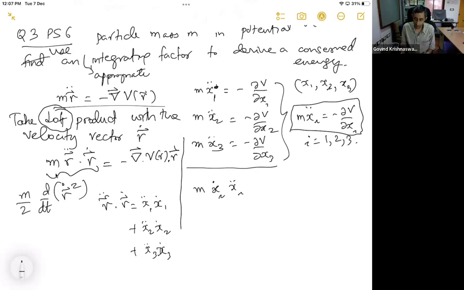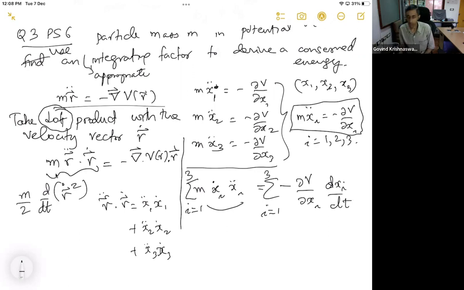So you're supposed to add them up. So we must put a sum from 1 to 3. This is what it means to take the dot product. On the right hand side, you will have minus dV by dxi times dxi by dt, again summed over i running from 1 to 3. So it is very important to recognize that there is a sum involved over here.